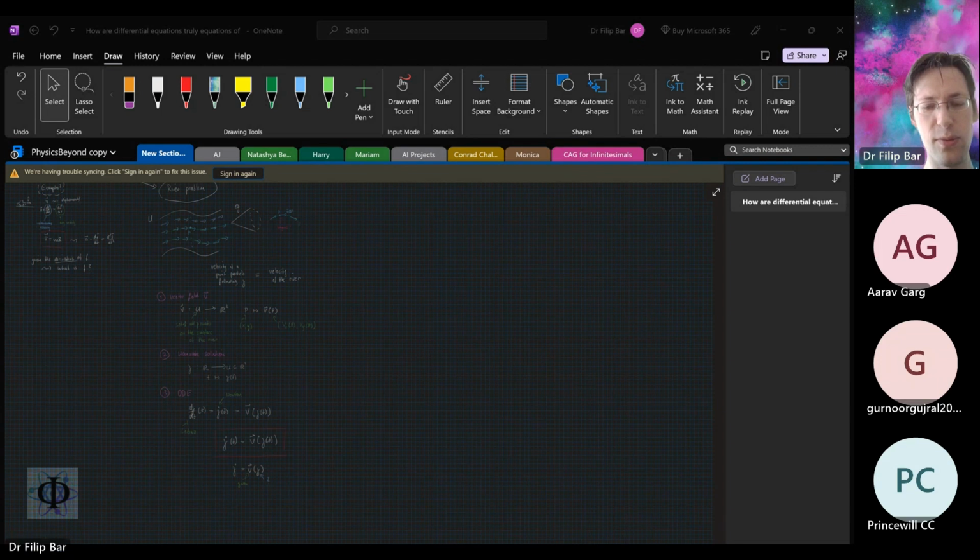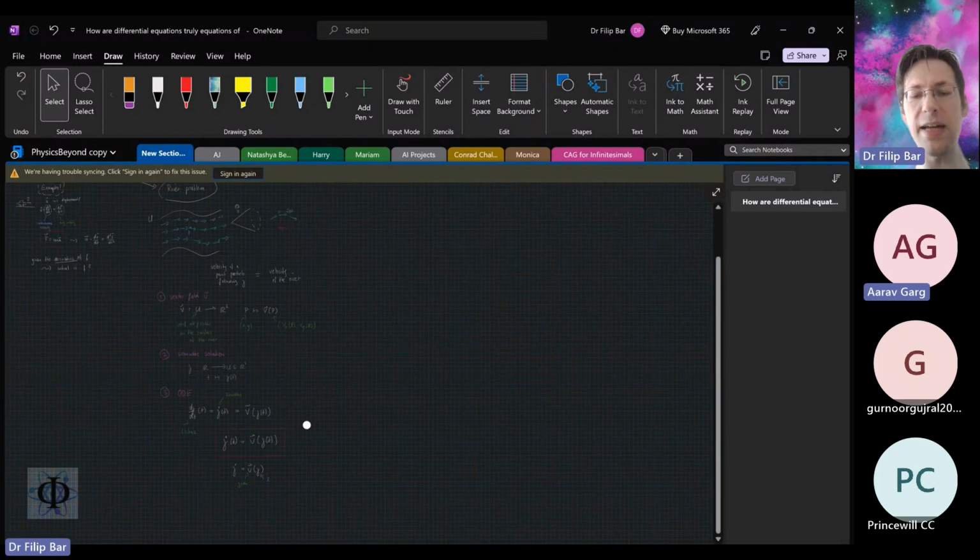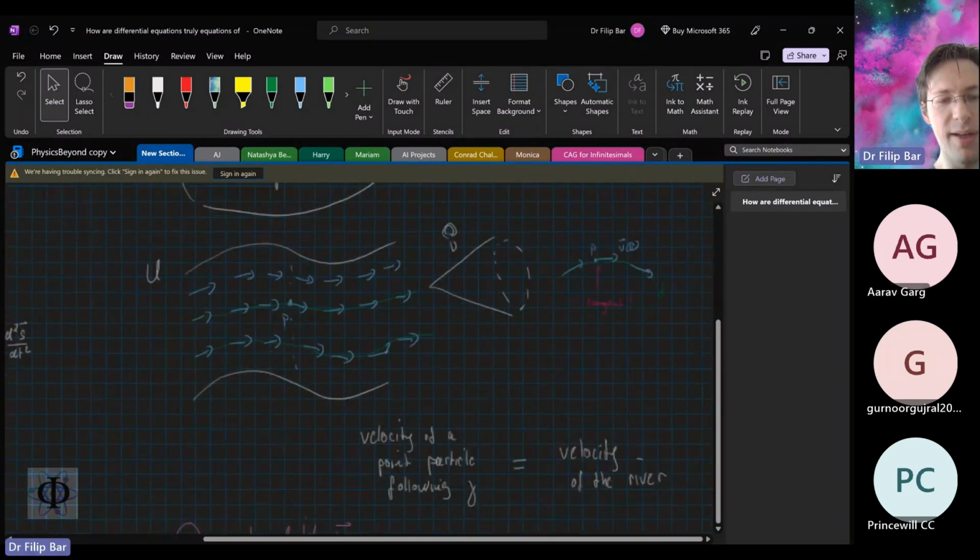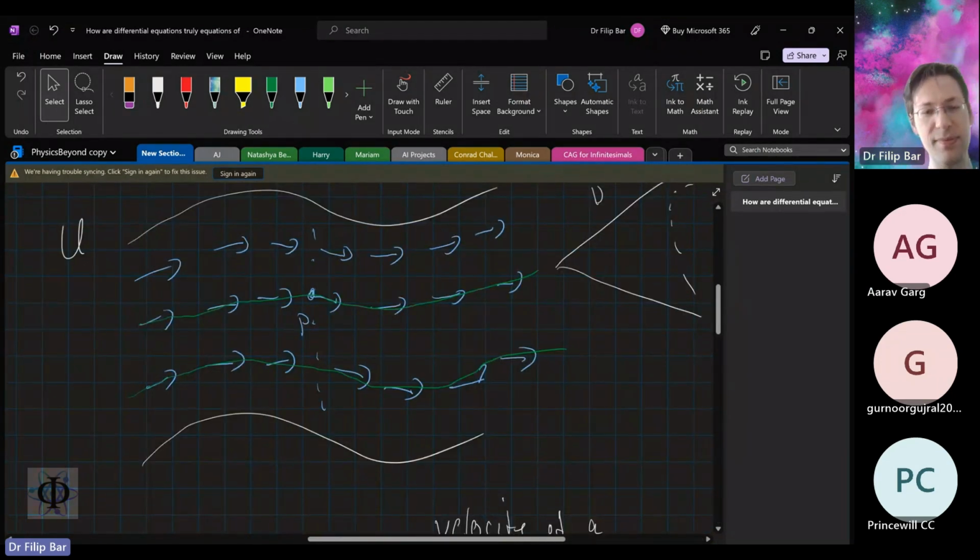How many solutions does such an ordinary differential equation have? So we want one, I think. Say again, we want one, so maybe one. Okay, one. Now let's look at this.